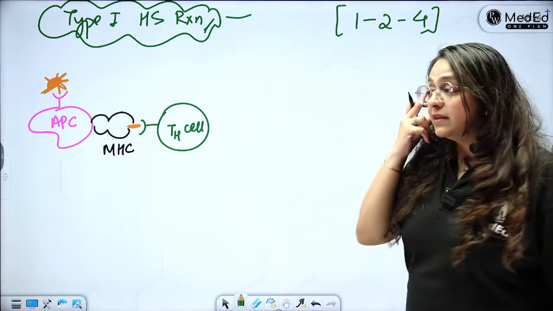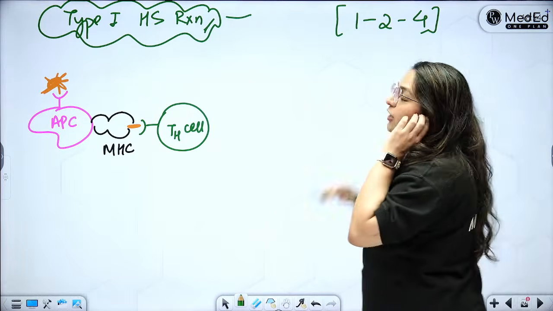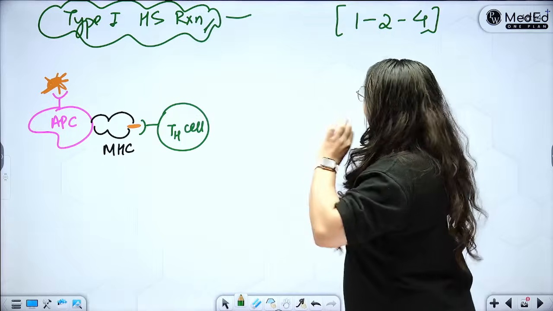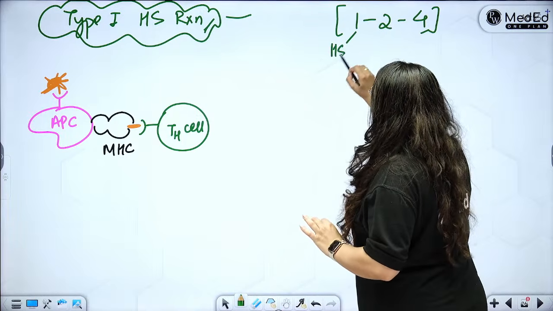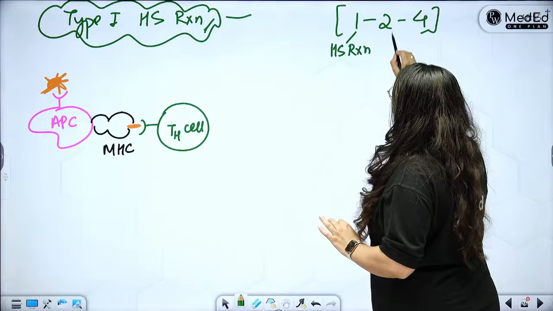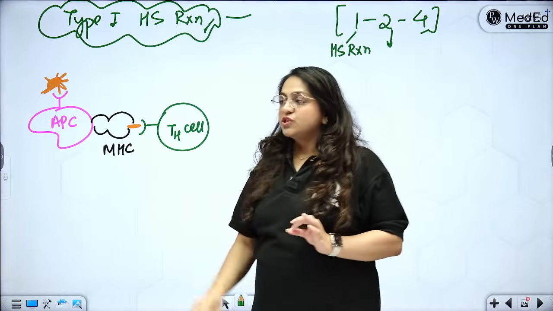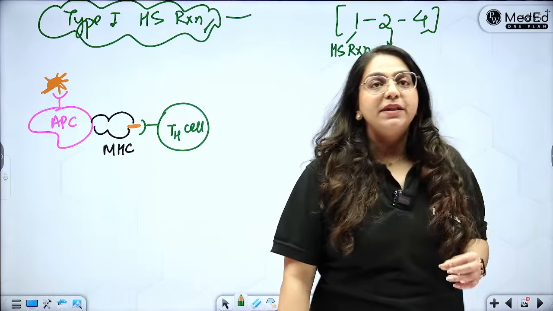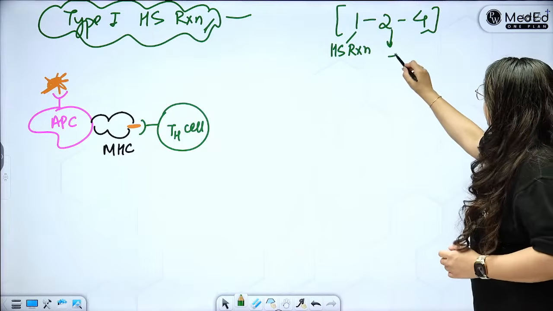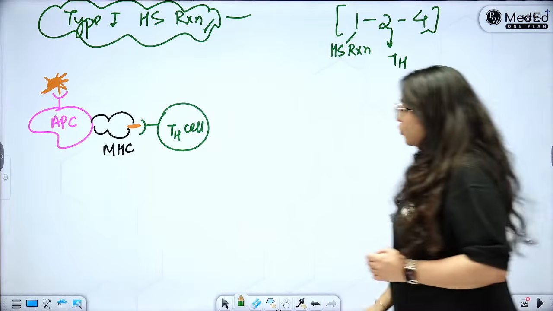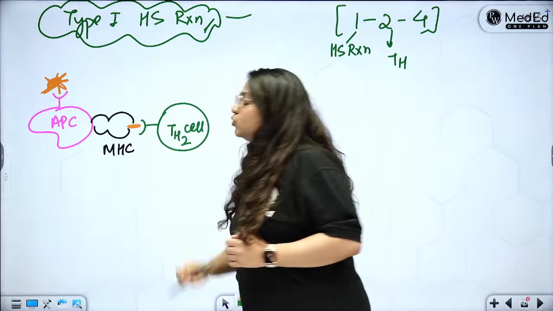How to remember this? What is the mnemonic, 1 2 ka 4? So if the hypersensitivity reaction is 1, which T helper is going to be involved? 2. So it is T helper 2 cell.